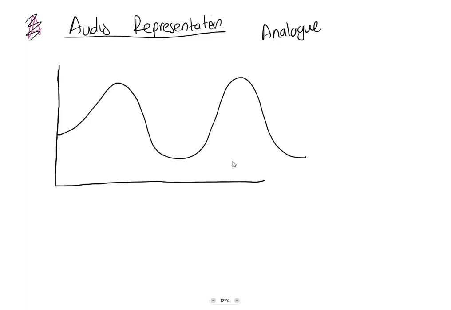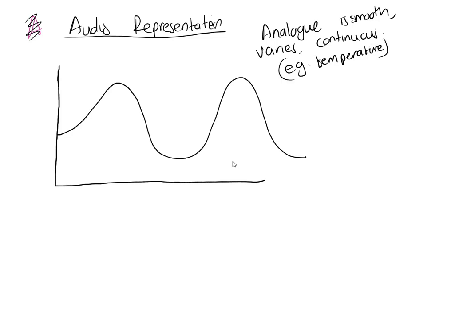So this is analog. Analog is smooth. It varies. It's continuous. An example of analog signals is sound and also temperature. Okay, so temperature is also an example of an analog signal.